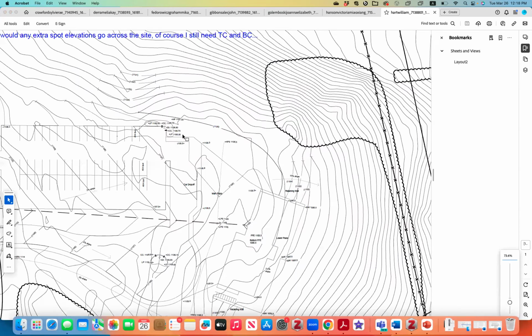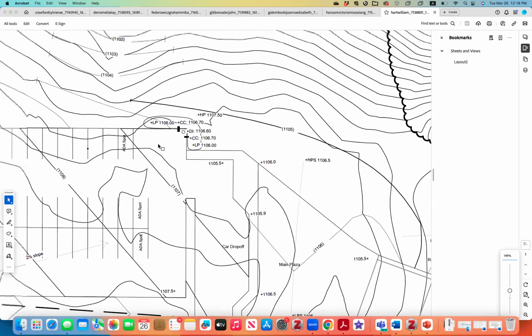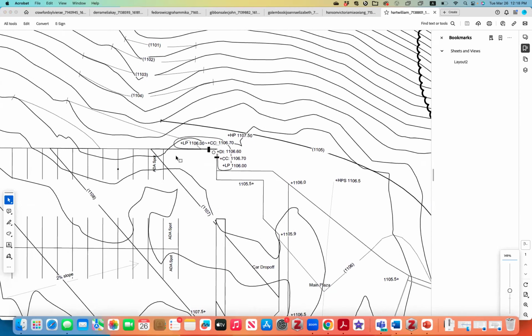So let's take a look at the retention. You have a DI, you have 107. First thing that I caught was proposed contour should not be in parentheses. Remove all the parentheses here. But it's clearly labeled, the number at least is really clear, so that's good.